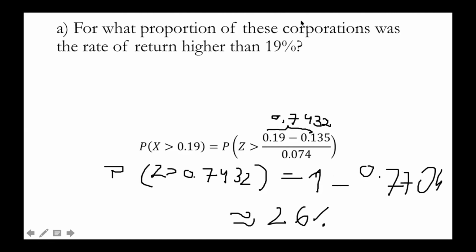So the proportion of these corporations that had a return higher than 19% was 26%. Sorry, it doesn't look good, but you understand the concept.